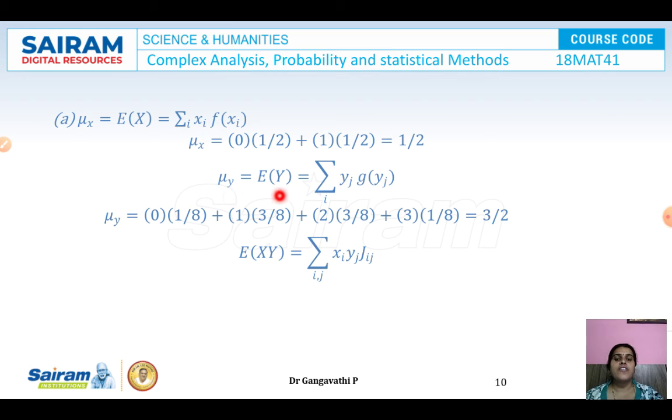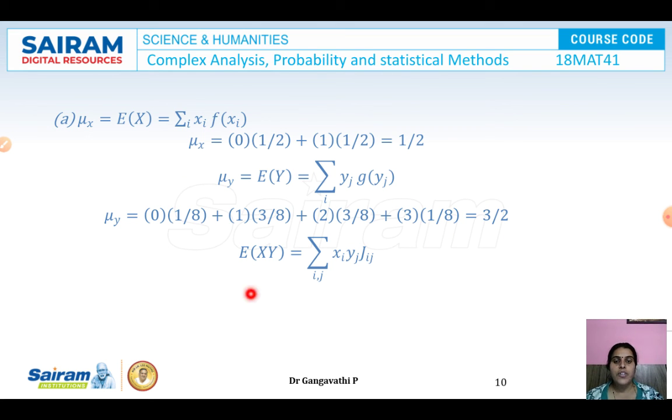Similarly, expectation of y is summation over j, yj into g of yj. So we know y takes 4 values. So we have y1 into g of y1, y2 into g of y2, y3 into g of y3, y4 into g of y4. With these suitable values, mu y is going to be 3 by 2.